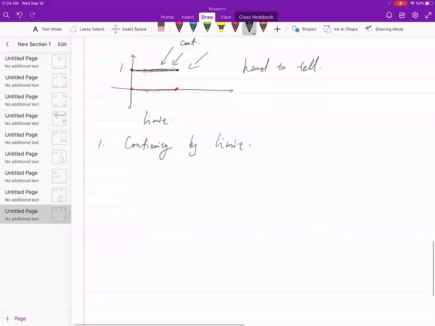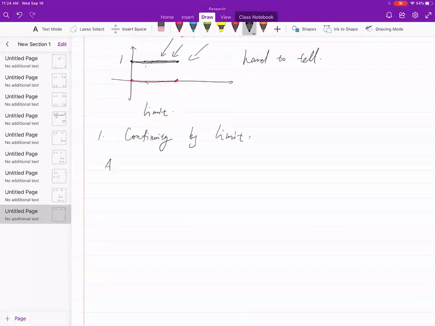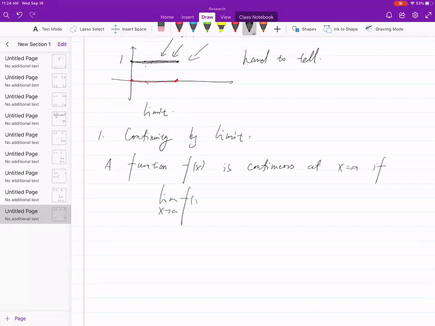And the idea is quite simple. A function f(x) is continuous at a point if this is satisfied. Is it continuous or not?